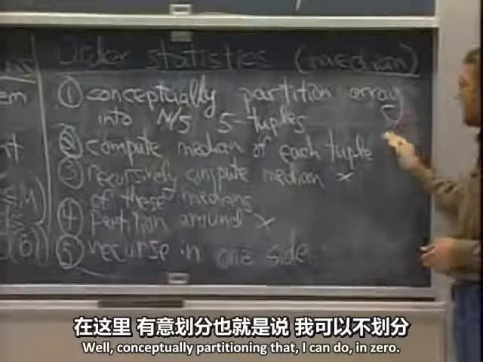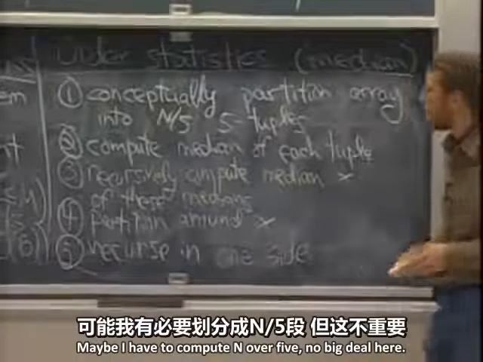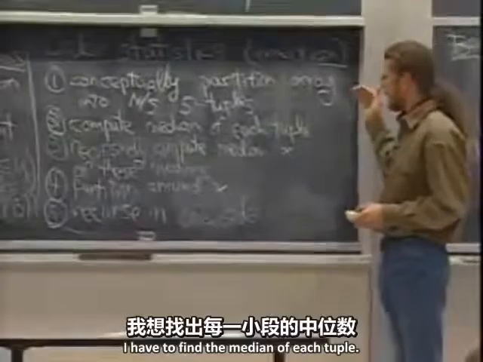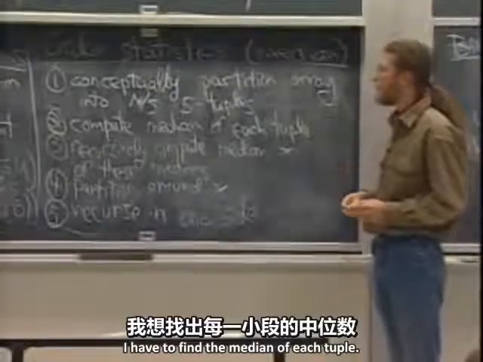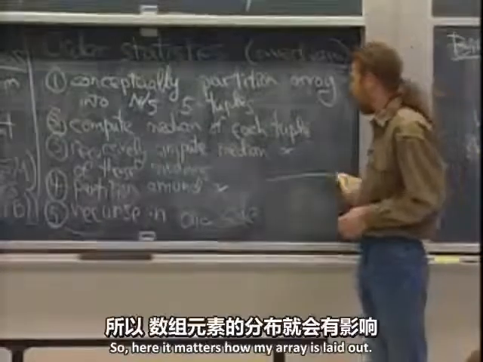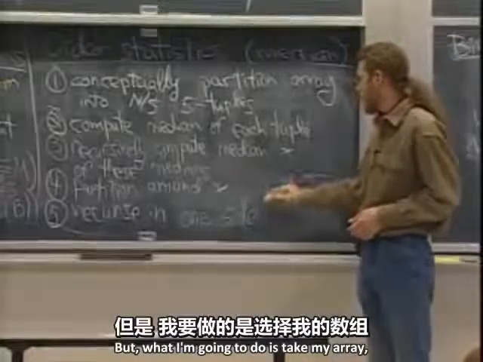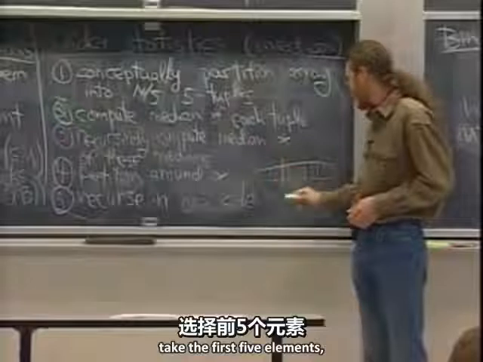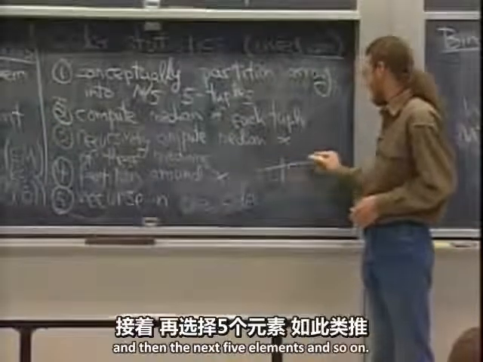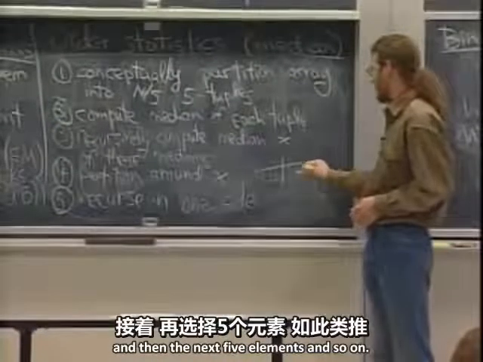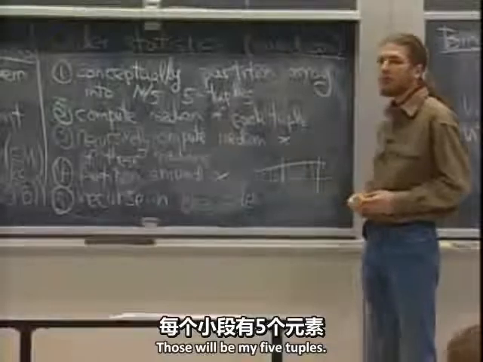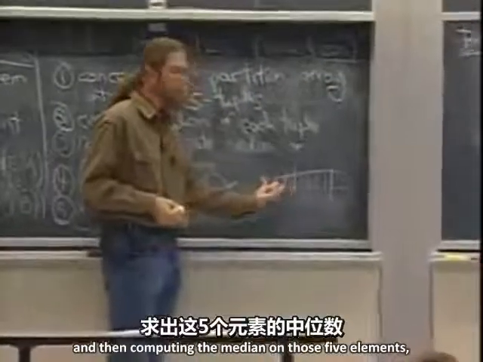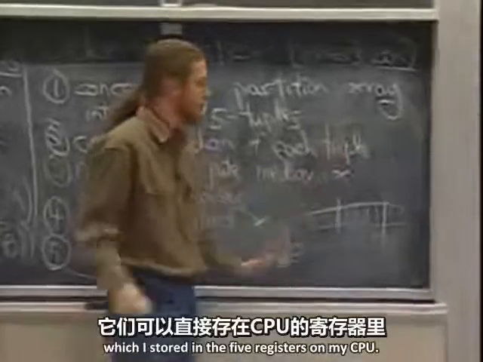Well, conceptually partitioning that I can do in 0. Maybe I have to compute n over 5. No big deal here. We're not thinking about computation. I have to find the median of each tuple. So here it matters how my array is laid out. But what I'm going to do is take my array, take the first 5 elements, and then the next 5 elements, and so on. Those will be my 5-tuples. So I can implement this just by scanning and then computing the median of those 5 elements, which I store in the 5 registers in my CPU.